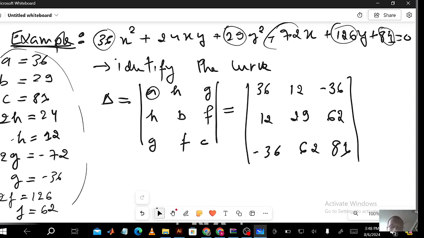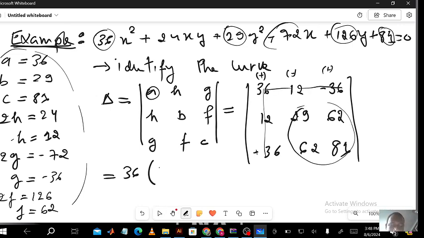If I don't use the calculator, I have plus here, minus here, plus here. So if I close this column and this row, I will have 36. This one I close, this one I close, only this one remains: 29 multiplied by 81 minus 62 multiplied by 62.